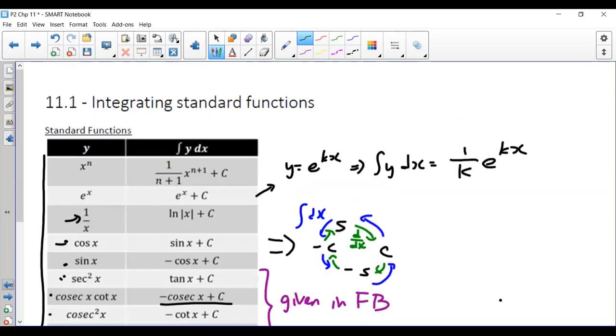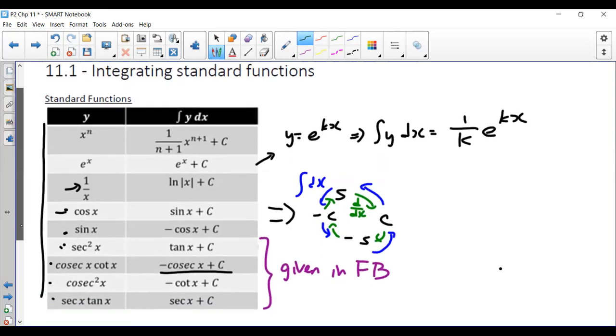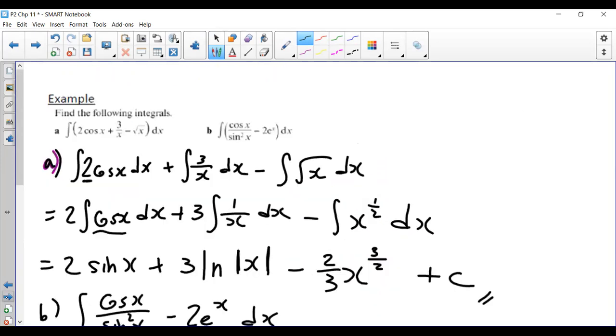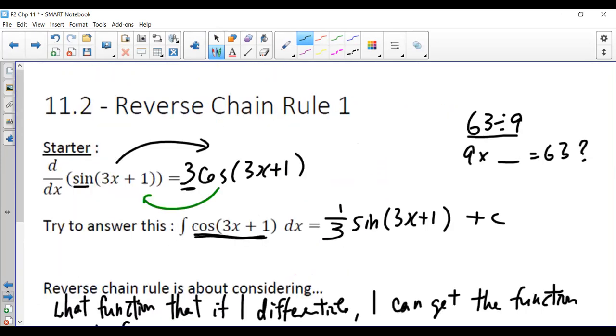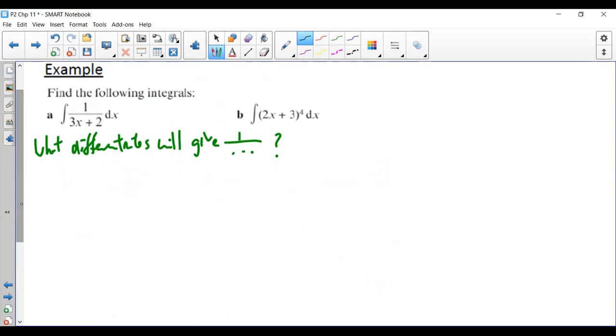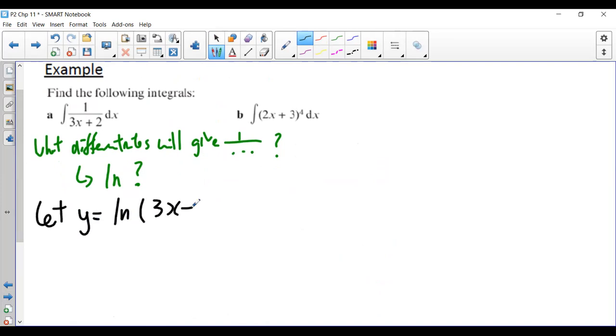Well, if I use what I learned last lesson, I know differentiating ln x will give us 1 over x. That means differentiating ln will actually give us a fraction. So the answer to this is maybe ln. So here's our trial and error. We're going to let y equal ln 3x plus 2.